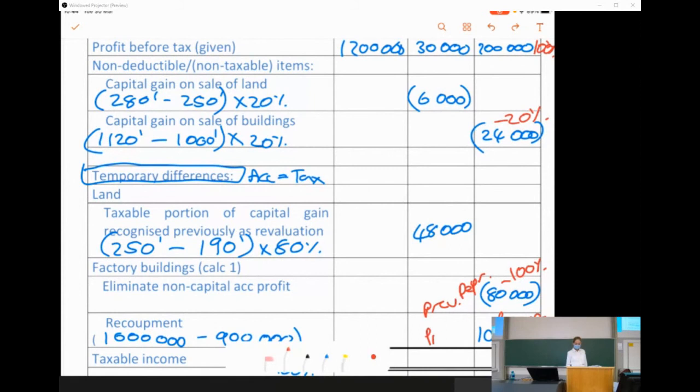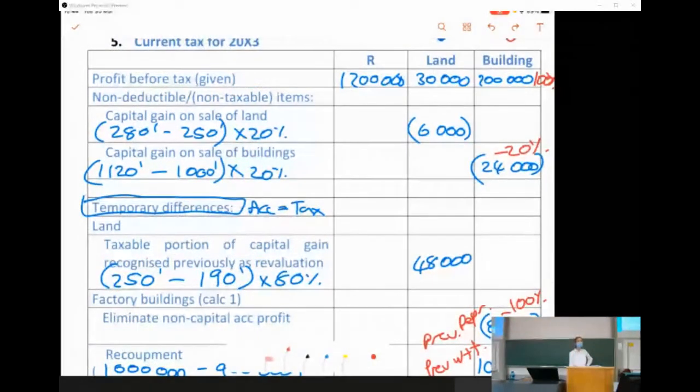And this is all my previous wear and tear allowances that I'm now taxed on, because I got it as a deduction previously, but now I'm taxed on. Okay, whereas for the land, the problem with the land now is that what I included in my accounting profit is only a portion of the full taxable amount.